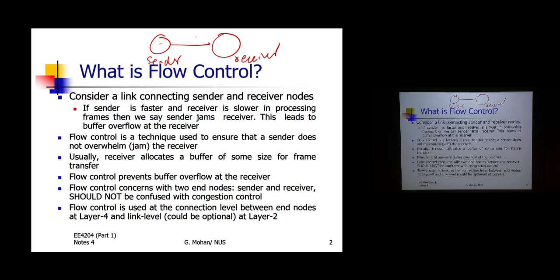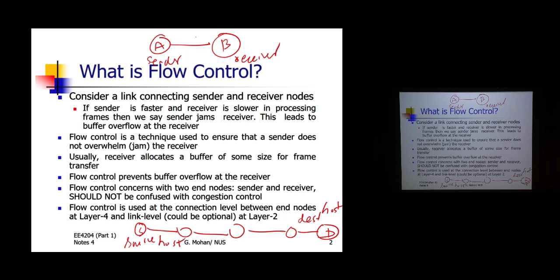Or you can consider a connection which passes through one or more links. So this is, let's say, the source host and this is the destination host. Maybe let's call this A and this B, or S and D.